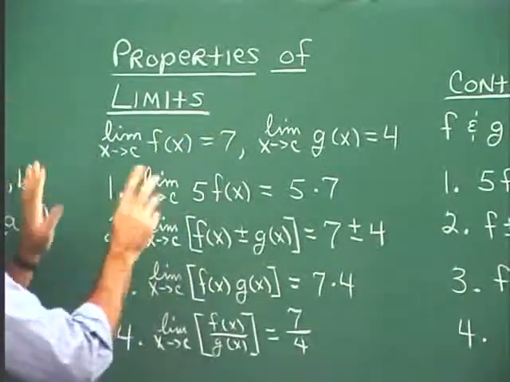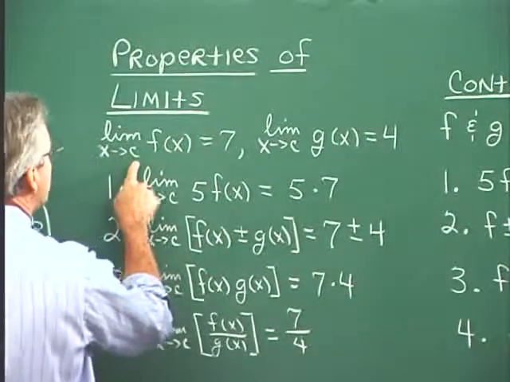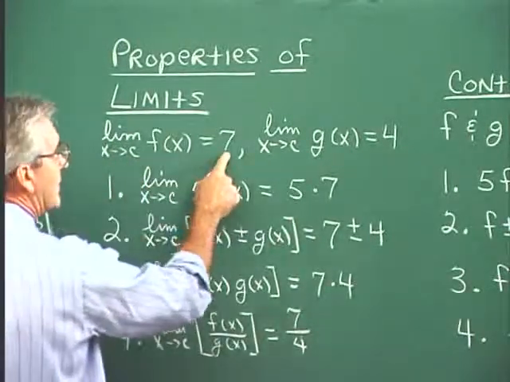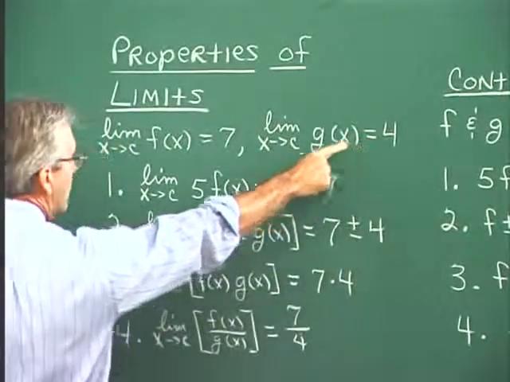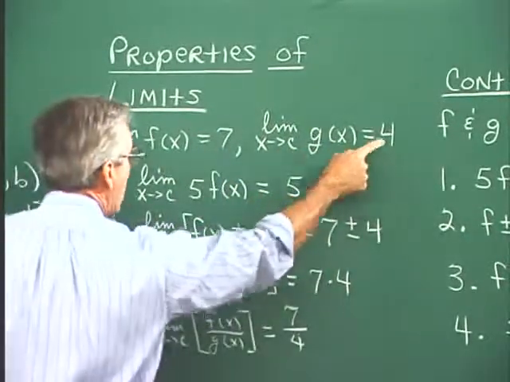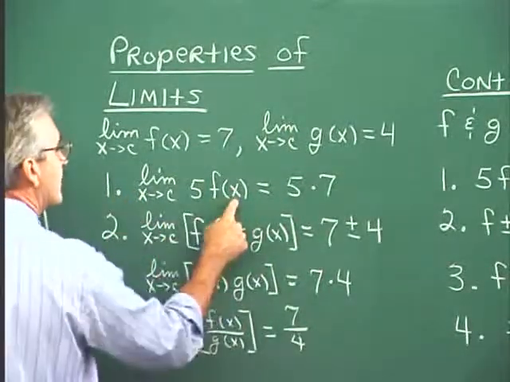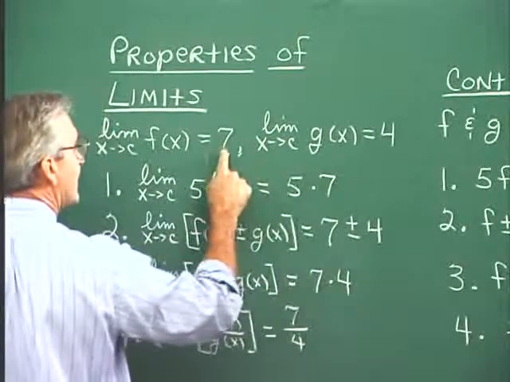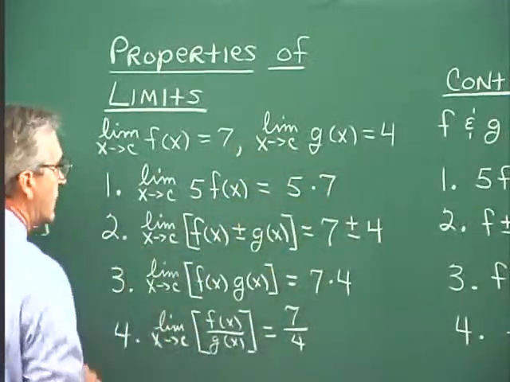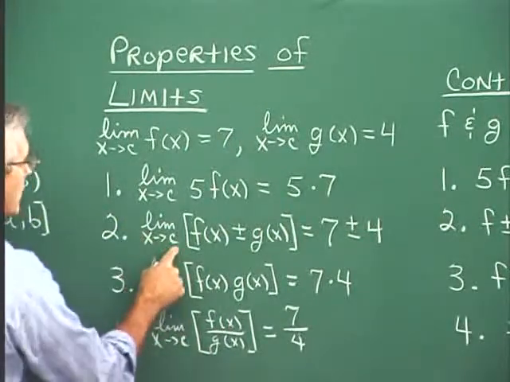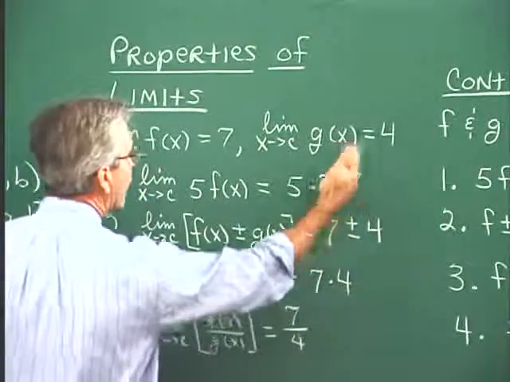Recall, we talked about this in an earlier section: if the limit as x approaches C of f of x is 7, and the limit of g of x as x approaches C is 4, then the limit of 5 times f of x would be 5 times 7, and the limit of the sum or difference of the functions would be the sum or difference of their limits.